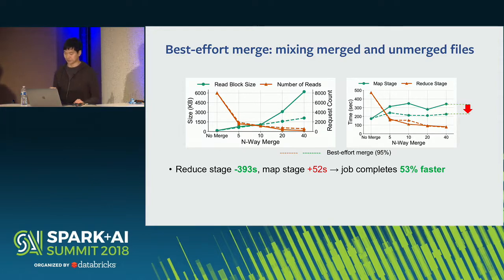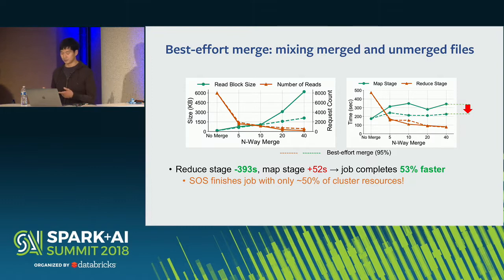In total, we get a 53% faster job completion time compared to the 30-something percent we saw before. You can think of this as something similar to dealing with stragglers, except here, because we don't have to always finish everything, we can just cut off the stragglers at the end.